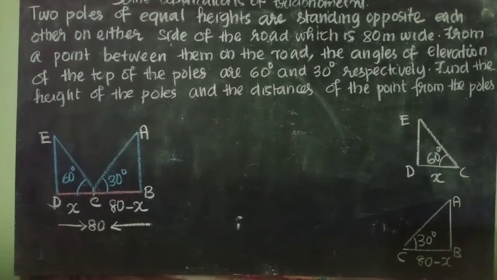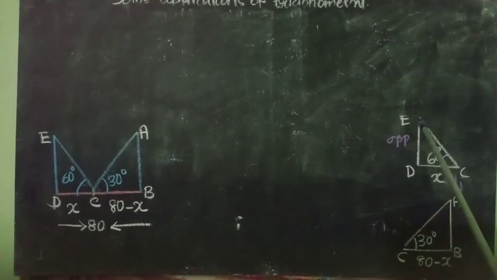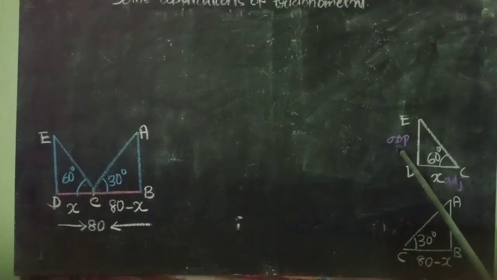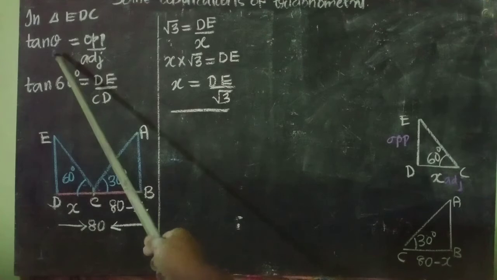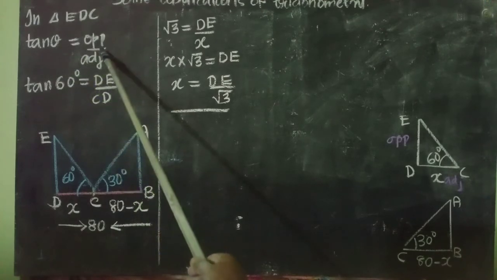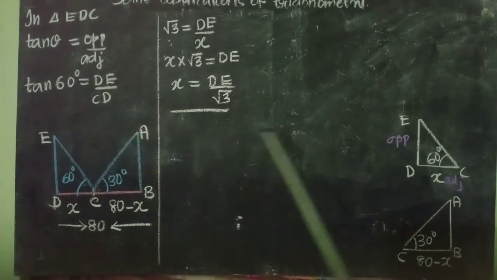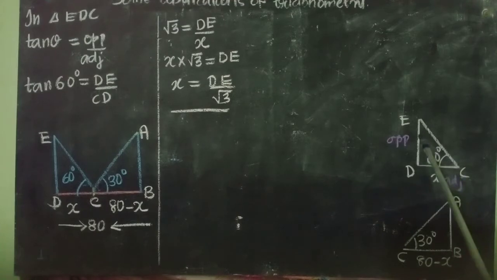Let us solve it. Consider the first right triangle EDC. Acute angle is 60 degree. This ED is the opposite side, CD is the adjacent side, that is x. Let us take the ratio. In triangle EDC, tan theta equal to opposite side by adjacent side. Here theta equal to 60 degree.